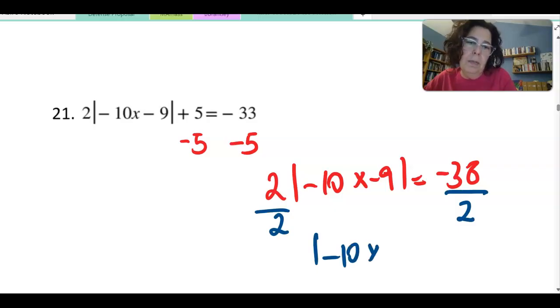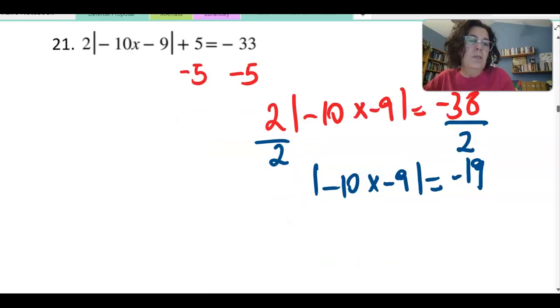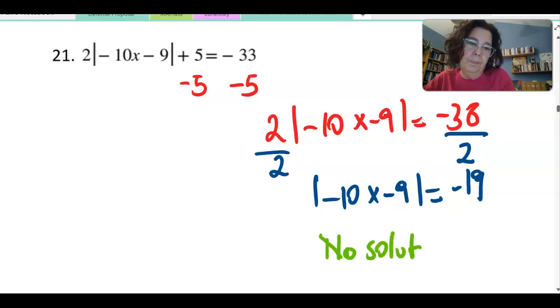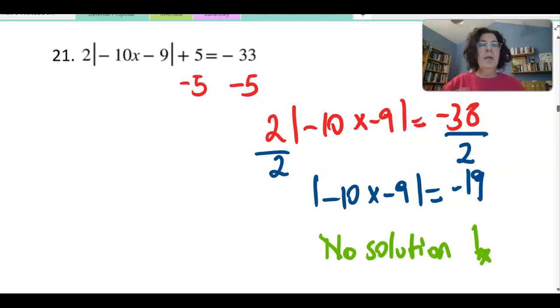So that will be -10x minus 9 equals -19. There's no need for us to continue. We could easily write down no solution. So this is one of the things that you need to pay attention to and think about as you are getting ready for test 1.